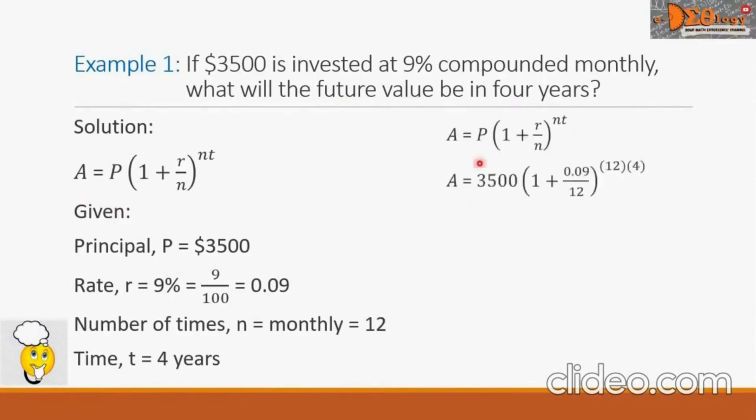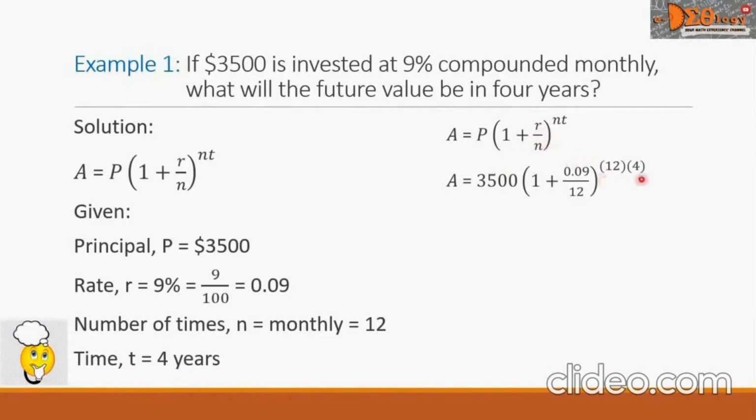A equals the P is now changed into 3,500. 1 is a constant, we will copy that. Then plus the fraction R over N. The R now becomes 0.09 over the N, and we change N into 12.